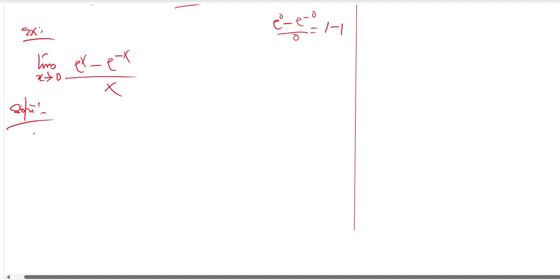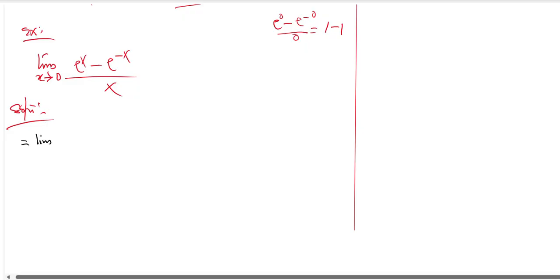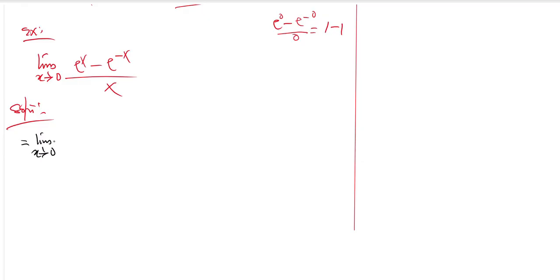This will give us the limit as x approaches 0 of e to the power of x all over x minus e to the power of minus x all over x. We are just rewriting it.